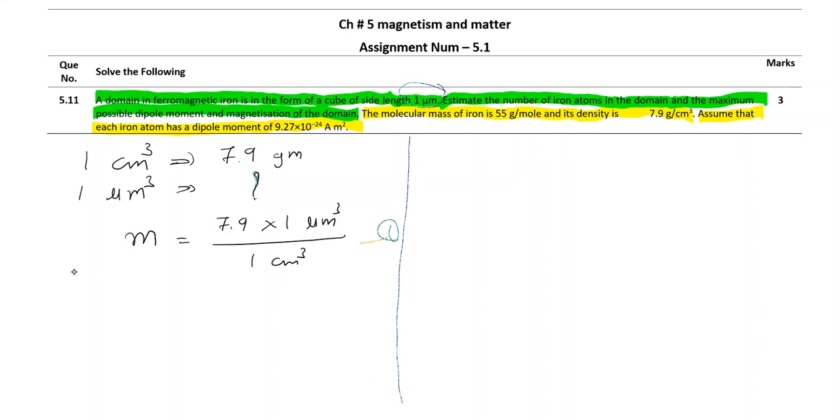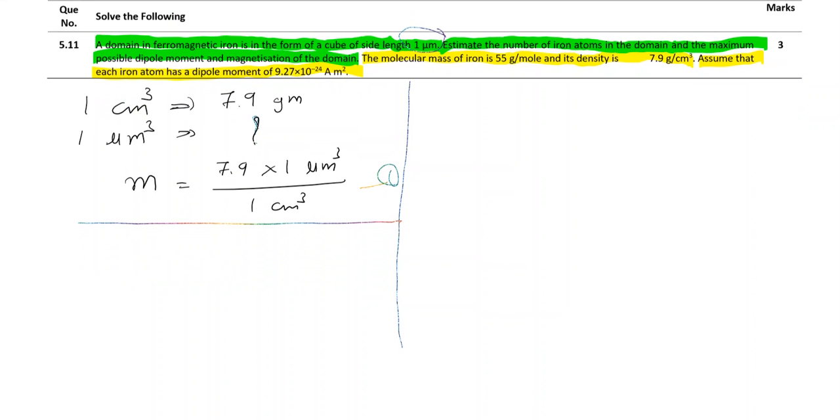Once we have mass, next we can calculate moles. Again the same logic. We know that 55 gram of iron is having 1 mole, or rather I would say 6.023 into 10 raised to 23 atoms.